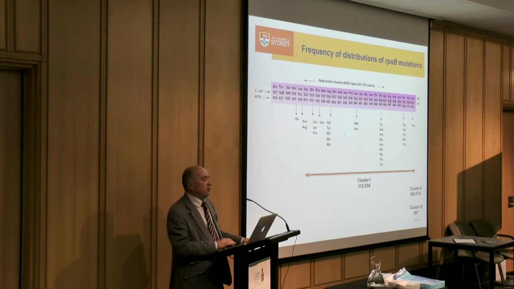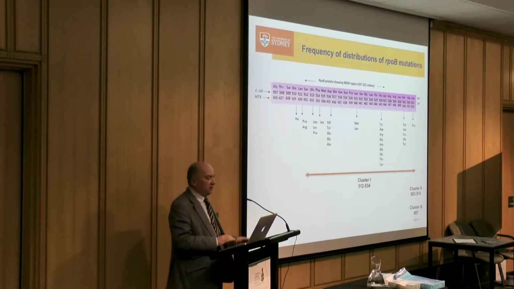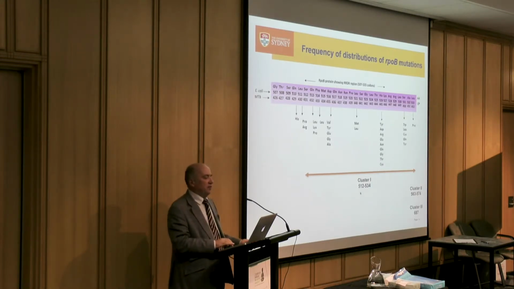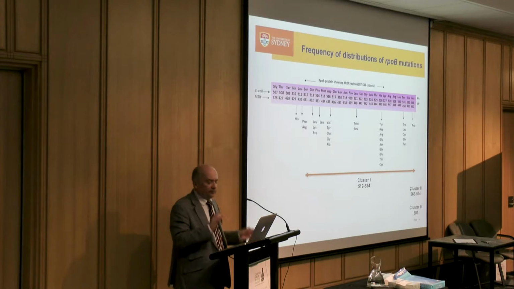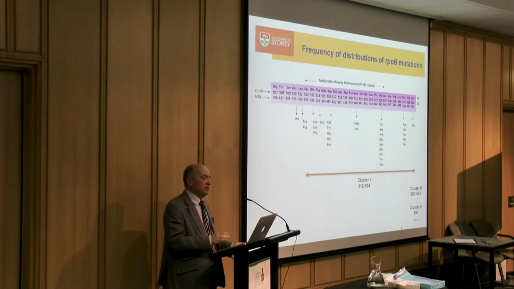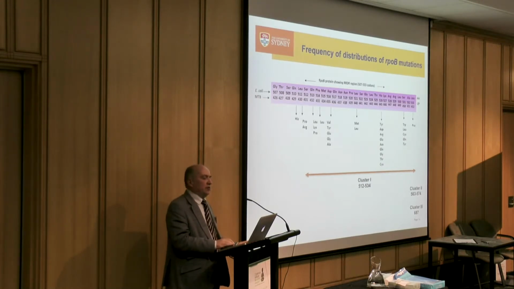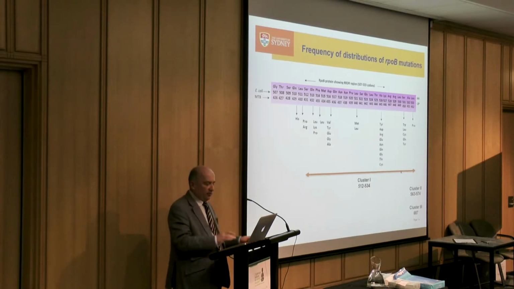But nevertheless, you can see that the majority of mutations leading to phenotypic resistance to rifampicin are confined to this cluster 1 region, codons 512 to 534 in E. coli classification. Since the description of this region, mutations in cluster 2 regions, 563 to 574, and cluster 3, codon 687, have been recognized as important contributors to rifampicin resistance, but clearly they would be missed by a conventional GeneXpert system.